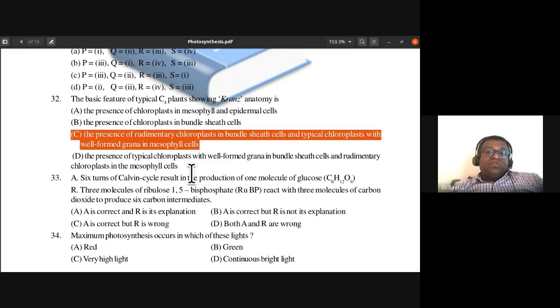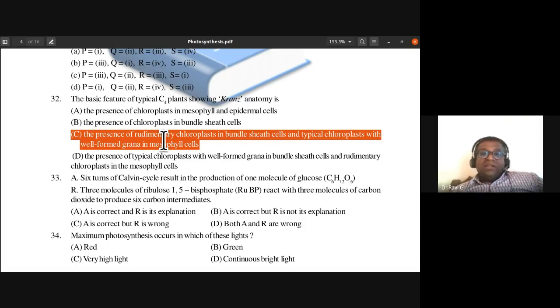So C is the right answer, the presence of rudimentary chloroplasts in bundle sheath cells and typical chloroplasts with well-formed grana in mesophyll cells.